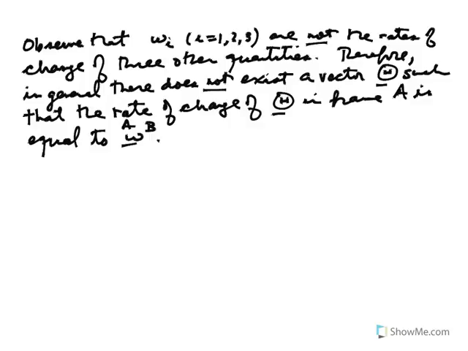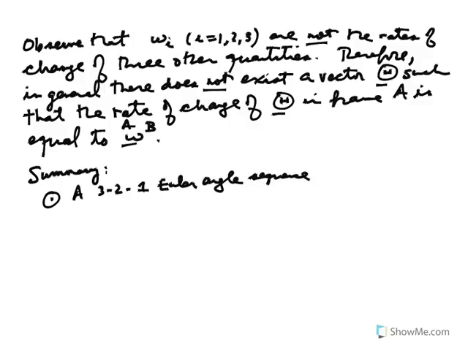So let's go back and summarize what we did here. Summary: a 3-2-1 Euler angle sequence, which I called psi, theta, phi, was defined.